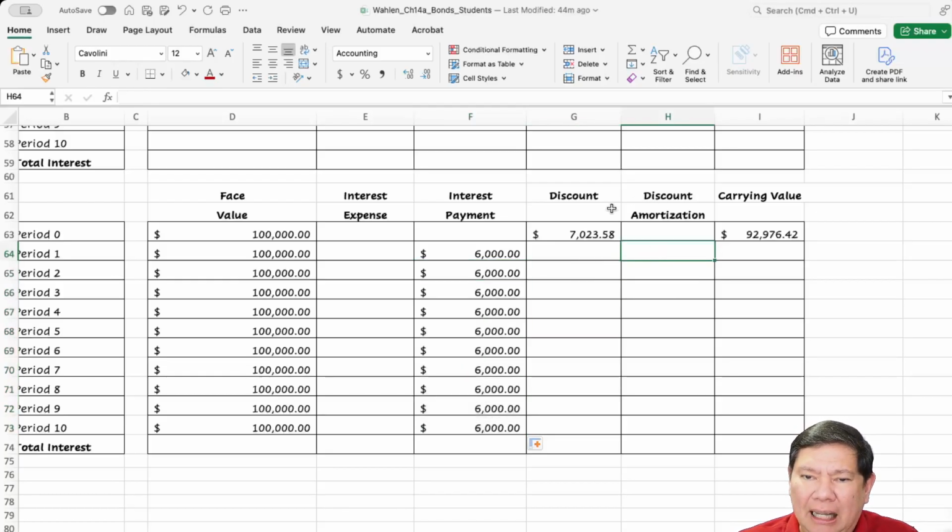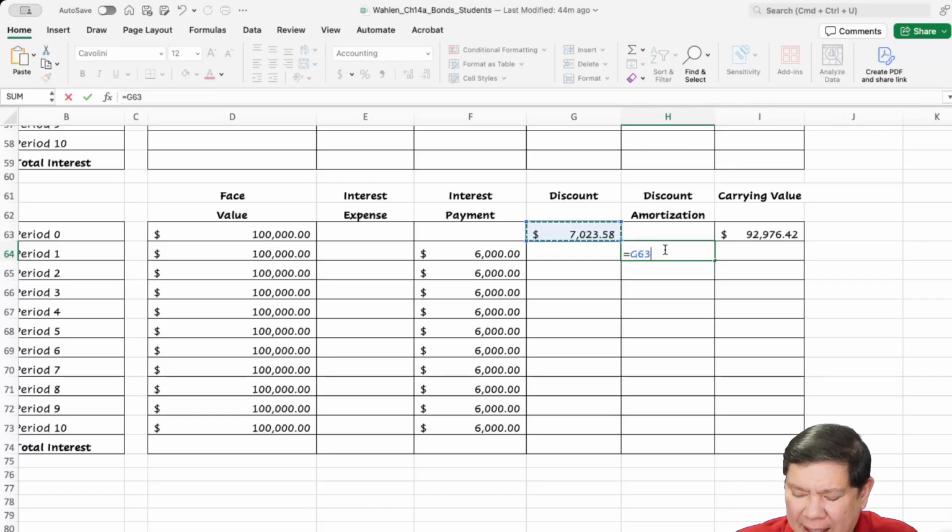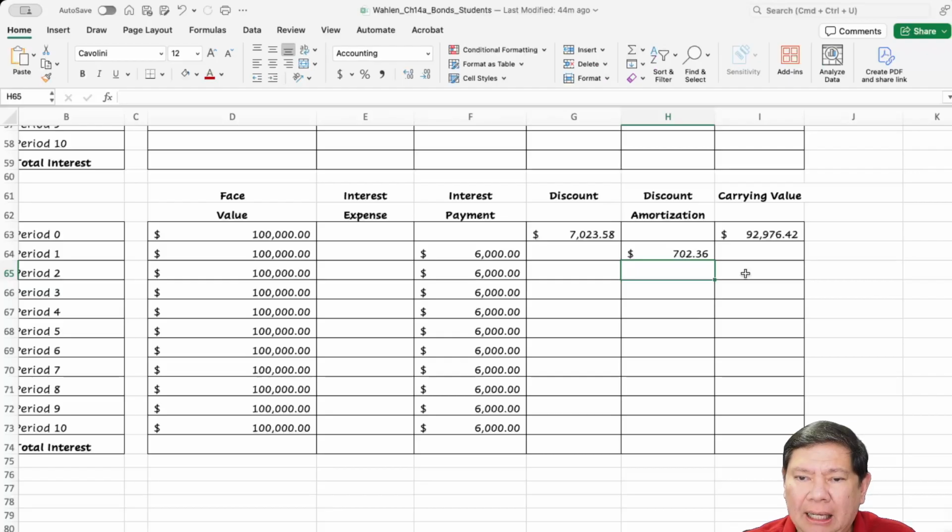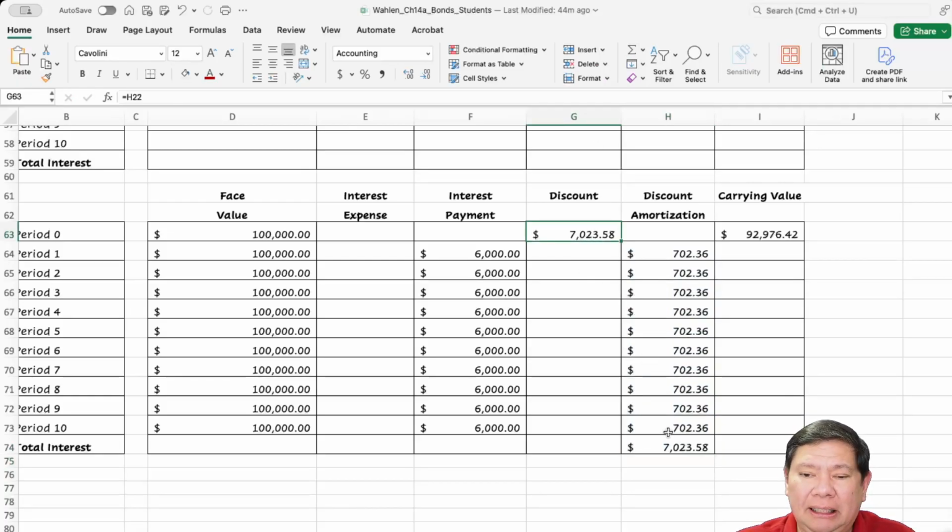So the amortization of discount using straight line, we'll just divide this by the number of periods, which is 10. Okay, so the amortization of the discount will be the same every 6 months. And if you look at the total, it's going to be the same as the discount itself. So it will bring it down to 0.